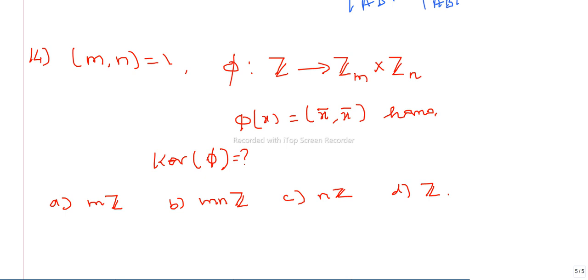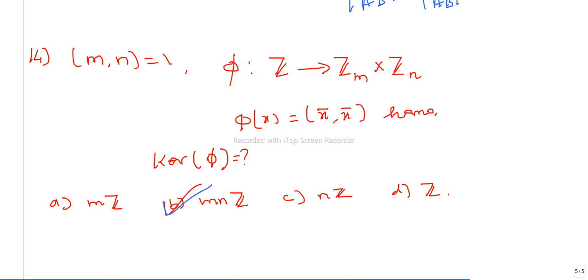We have to collect the elements which map to 0, 0. In the first coordinate, 0 means it should be a multiple of m. The second coordinate 0 means it should be a multiple of n. So the only possible is a multiple of mn. Therefore the answer is this one.